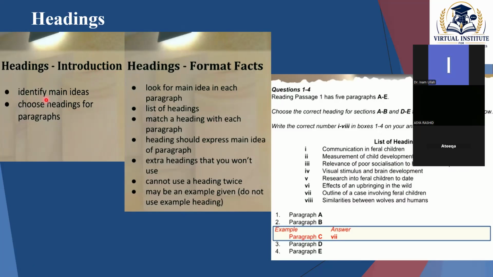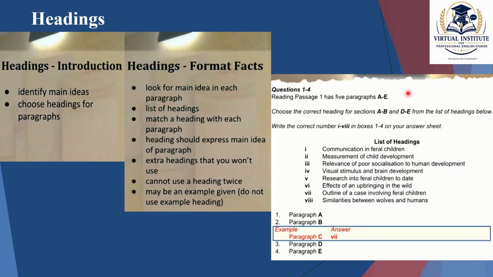For example, as you can see here, we have all these headings, and then these options: paragraph A, paragraph B, paragraph C, D, and E. So you will have the text, you will be reading the paragraphs, and for each and every paragraph, you will have to choose a heading from these options, right? So this is how these questions are done.